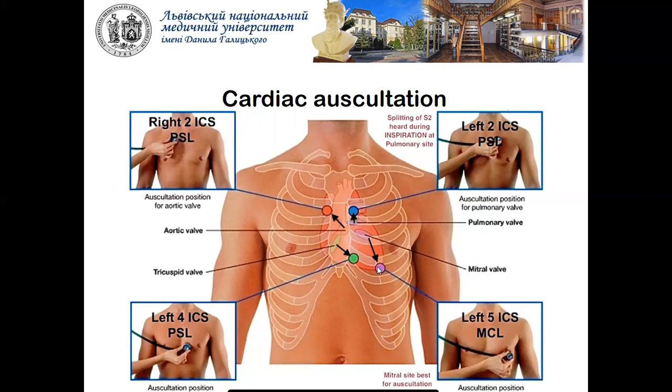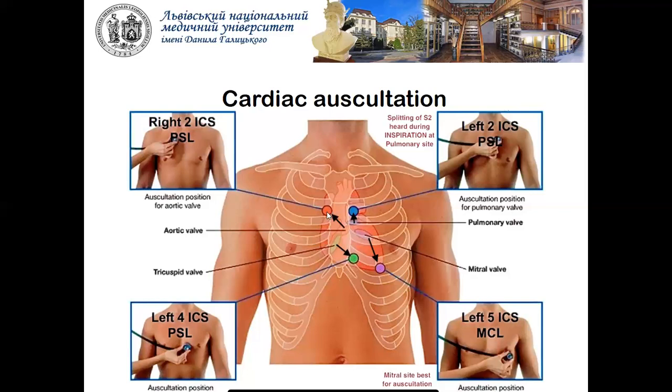This place is located at linea intermedio claviculare, left linea intermedio claviculare, crossing with the fifth intercostal space, left fifth intercostal space, and 1.5 centimeters inside into the middle of the breastbone. So this is the point of hearing of mitral valve. It's a point of hearing apex beat.